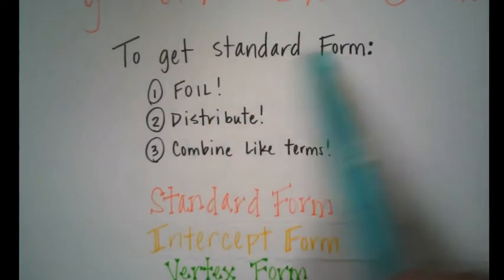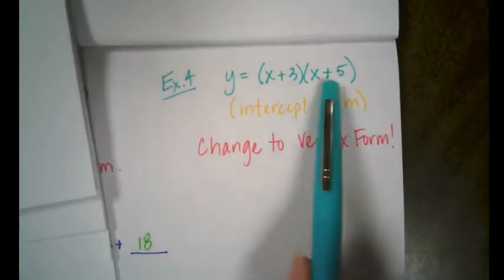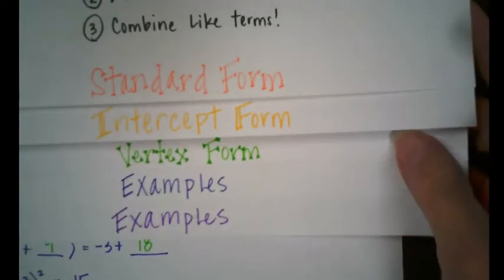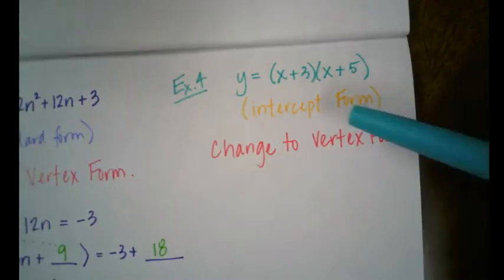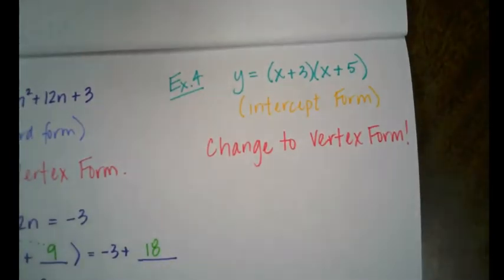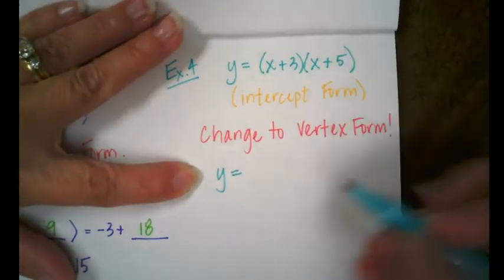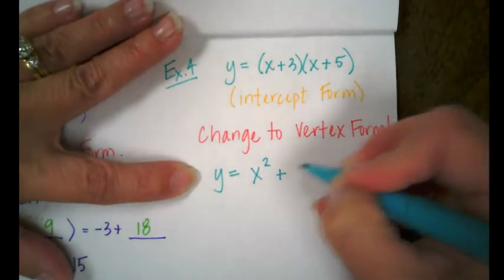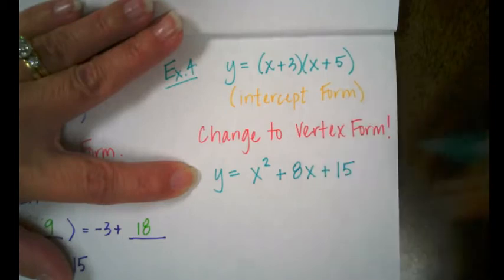In order to get standard form, we need to FOIL, distribute, and then combine like terms. On here, all we have to do is FOIL. So if we FOIL this, we'll get x squared plus 8x plus 15.